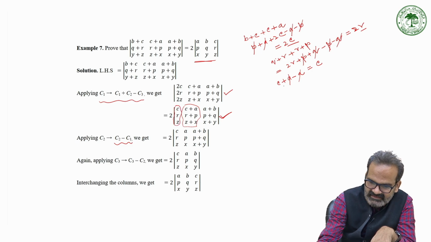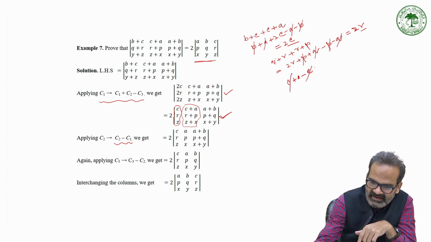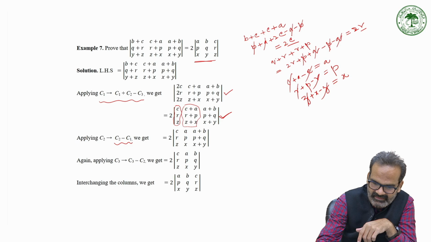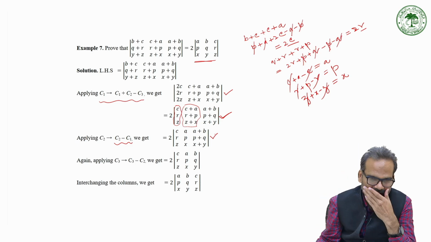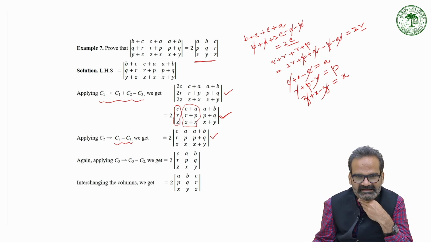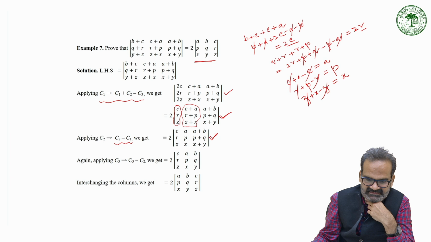So, C2 minus C1 means C plus A minus C. C plus A minus C, this will cancel out, you will get here A. Then R plus P minus R cancels, you will get here P. Z plus X minus Z will cancel, you will get here X. So, A, P, X, and the third column will remain as it is, right? The 2 will remain intact. So, after using the operation C2 minus C1, we will get this determinant as a new determinant.